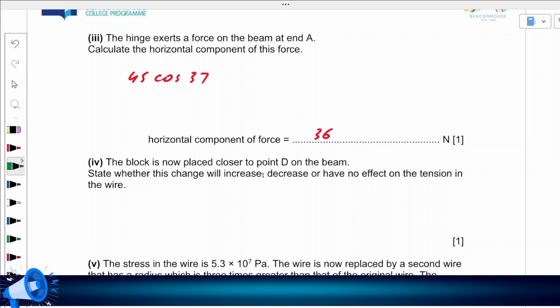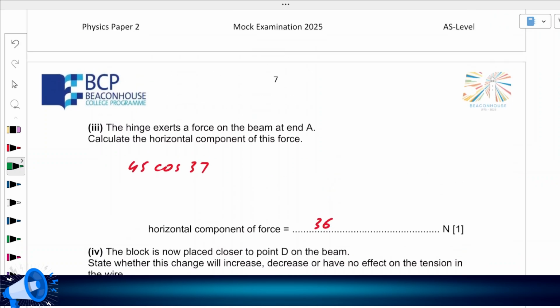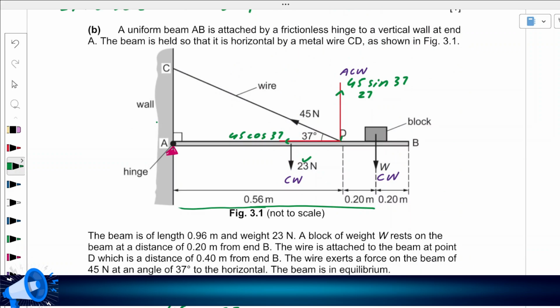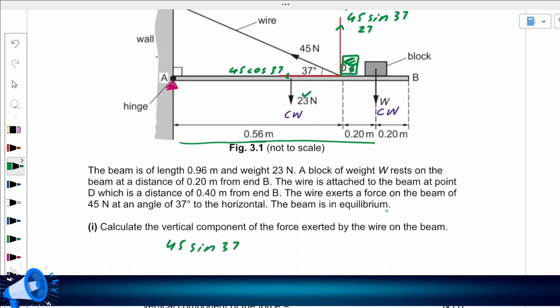The block is now placed closer to the point D on the beam. State whether this change will increase, decrease, or have no effect on the tension in the wire. Okay, so if you place the block closer, let's say the block is now placed over here. So if you place the block closer to the point D, this would decrease the clockwise moment, and hence the anti-clockwise moment should also be decreased.